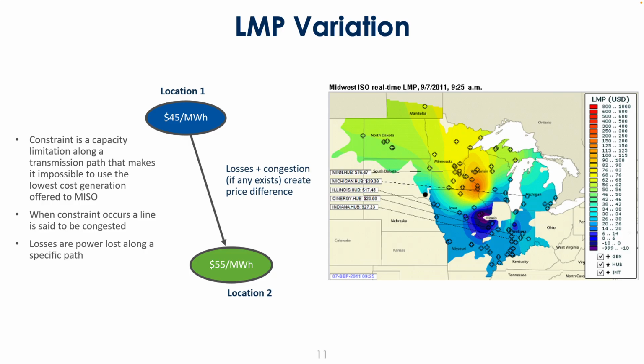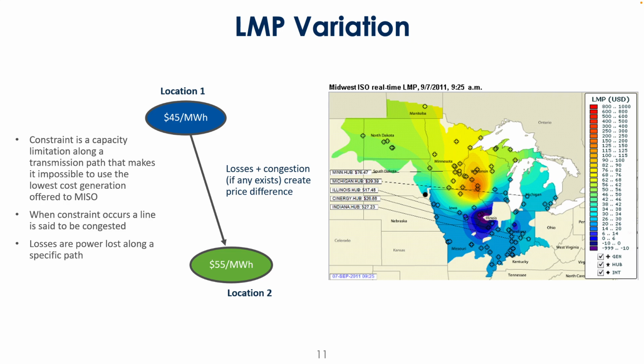Yeah, so a constraint is that capacity limitation in that transmission line. Maybe a transmission line is totally full, right? So maybe there's a power plant that's producing at $45 over here in this location, and there's a power plant that produces at $55 here.